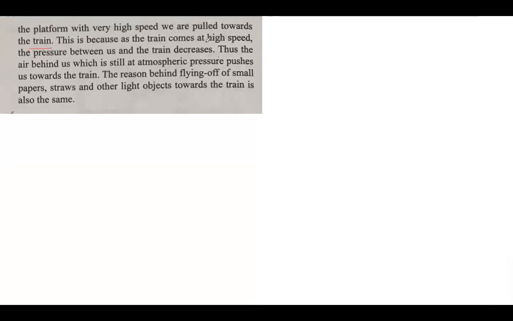This is because as the train comes at high speed, the pressure between us and the train decreases. Thus the air behind us, which is still at atmospheric pressure, pushes us towards the train. The reason behind flying off of a small paper, straw and other light objects towards the train is also the same.